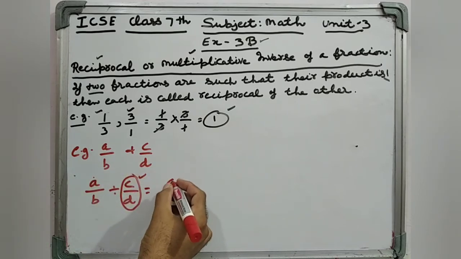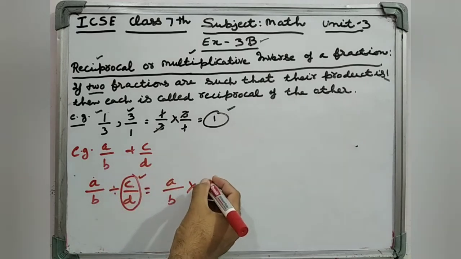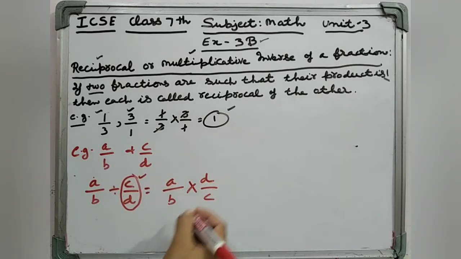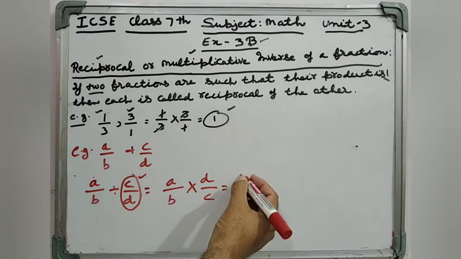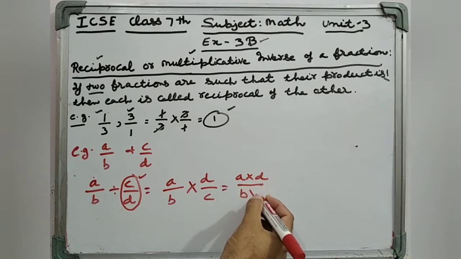First fraction will be written as it is, and the reciprocal of the second. So our answer will be a multiplied d upon b multiplied c.